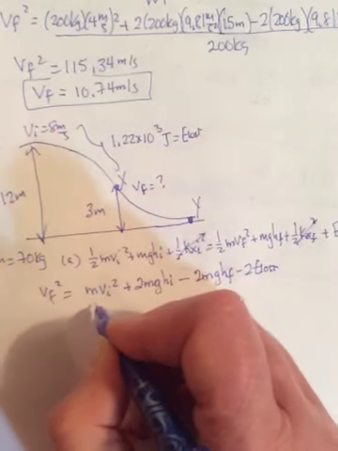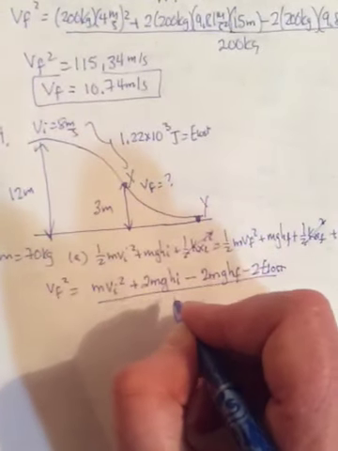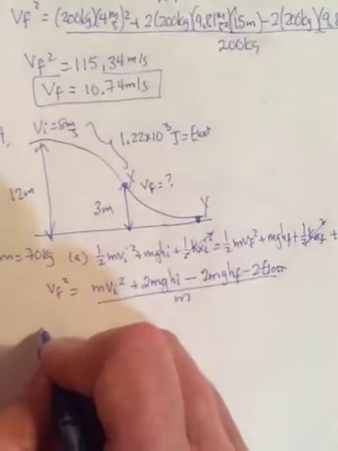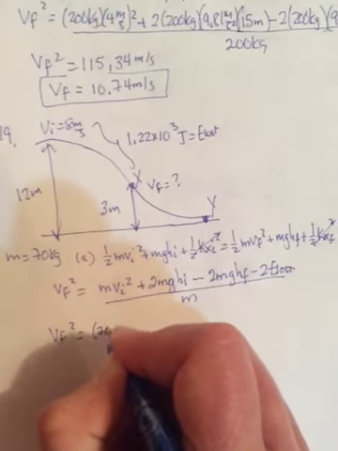Okay, so I skipped steps there, but just because they were exactly the same steps as the one above, divide by m. Fill in your numbers. The m this time is 70 kilograms.